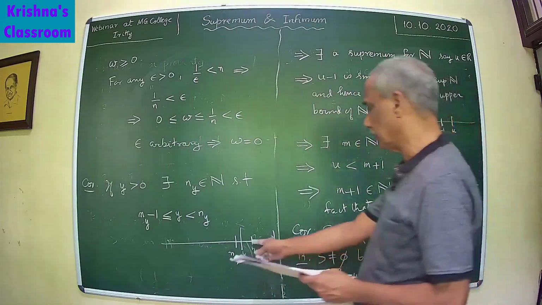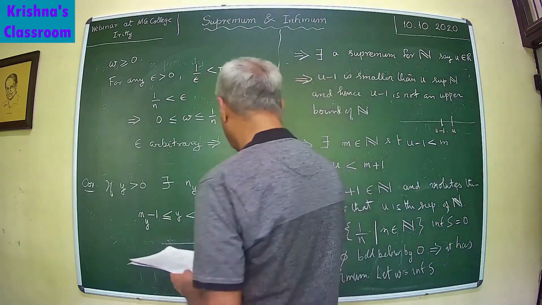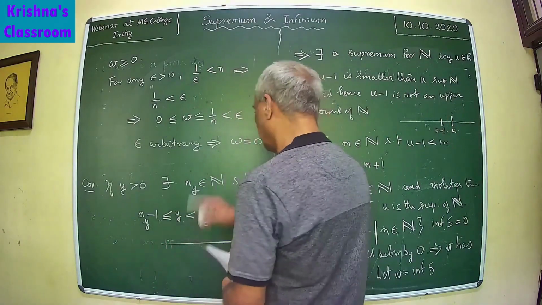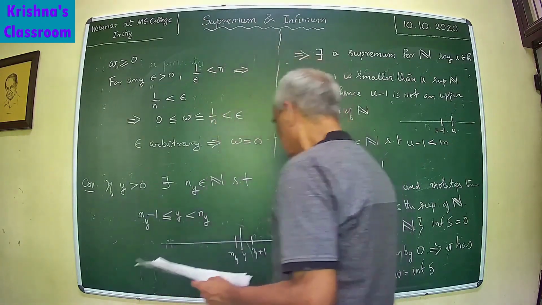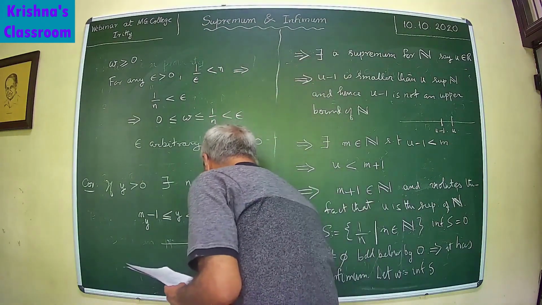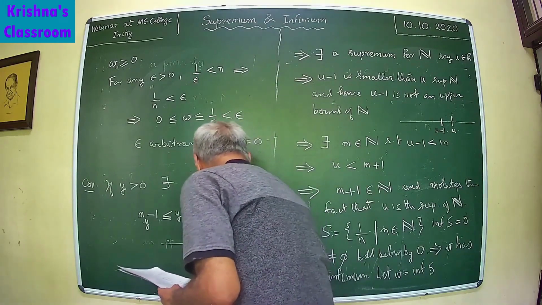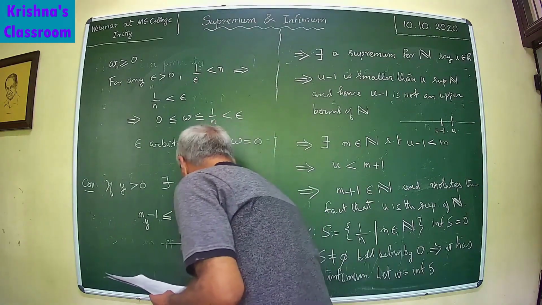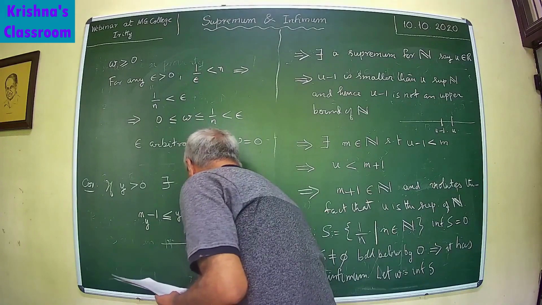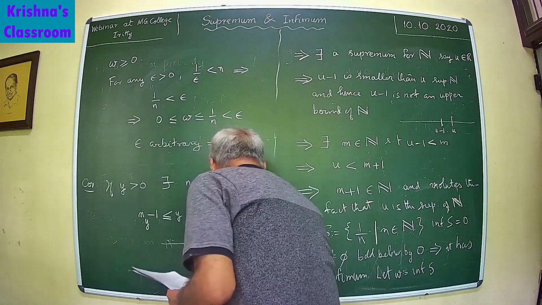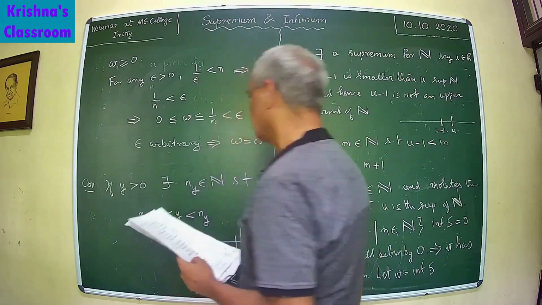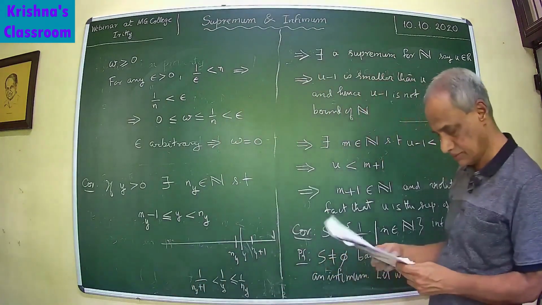One of the consequences of this is that 1 by y lies between 1 by n_y and 1 by n_y minus 1. That's a consequence of that.